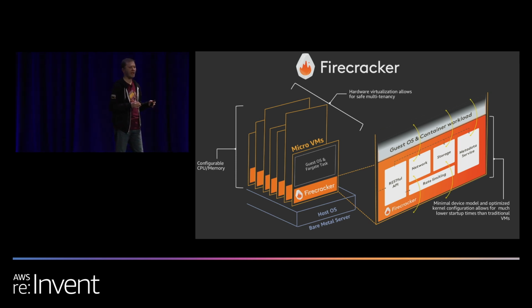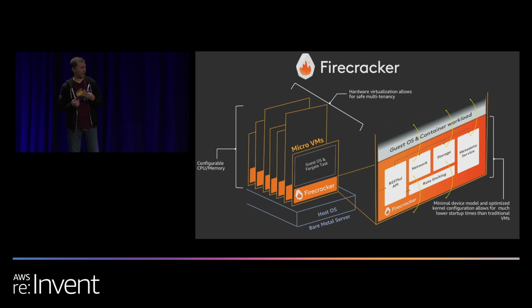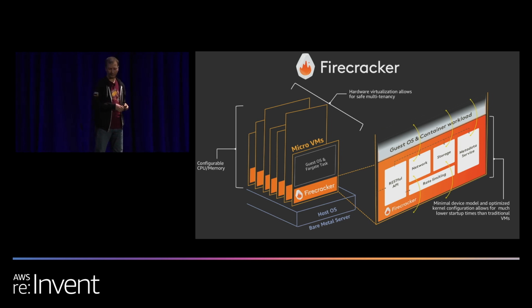We can create any micro VM with any CPU and memory size. So when you call RunTask and give us the exact CPU and memory you want for your containers, we can create a new Firecracker micro VM just in time. We call this right sizing. Right sizing enables us to eliminate on-instance waste.